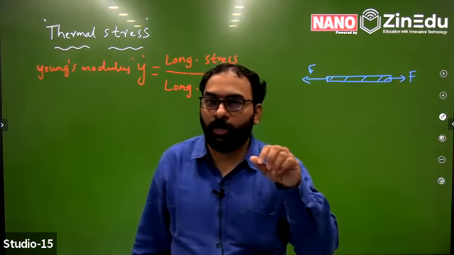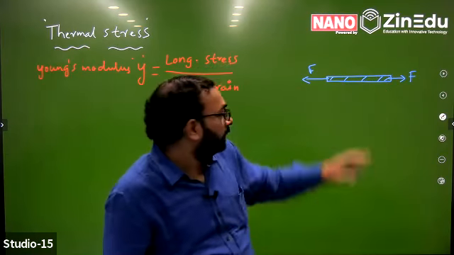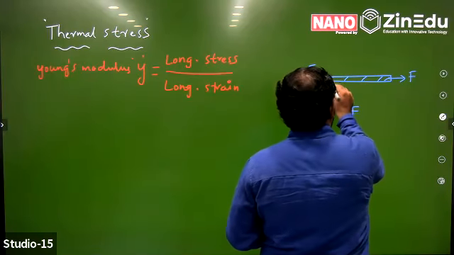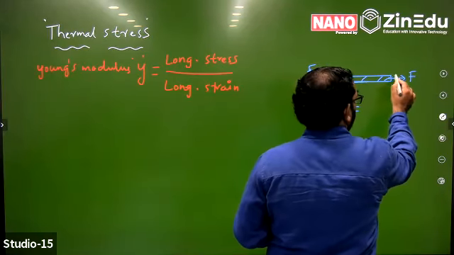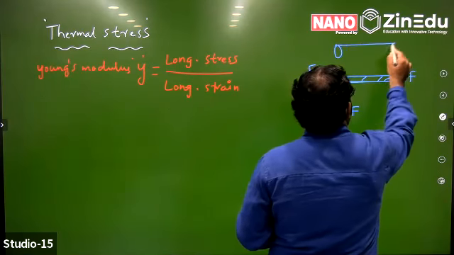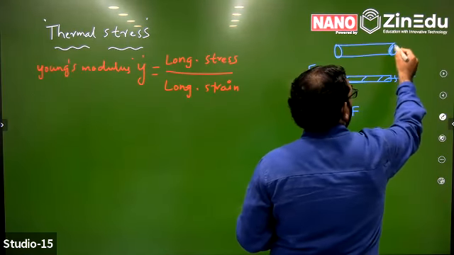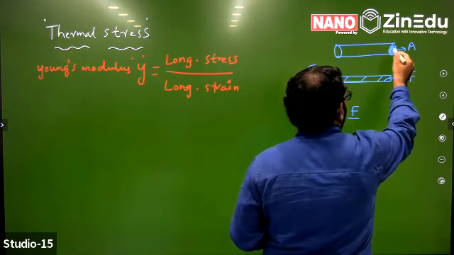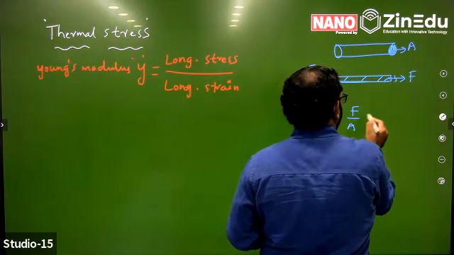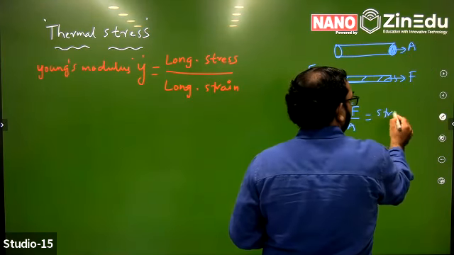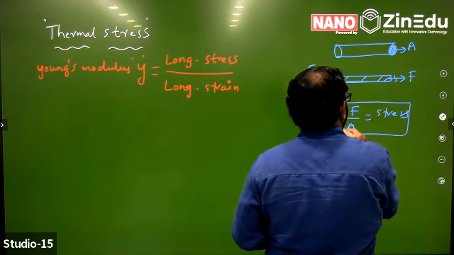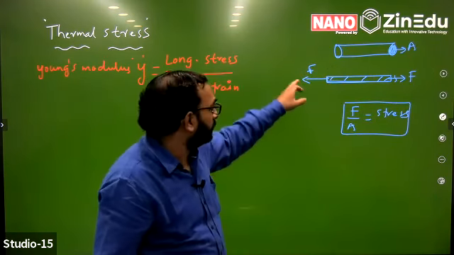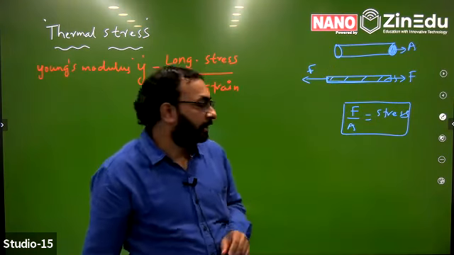It tries to elongate the length, and this is the force applied divided by this area A, the area of cross section. Stress is force by area.